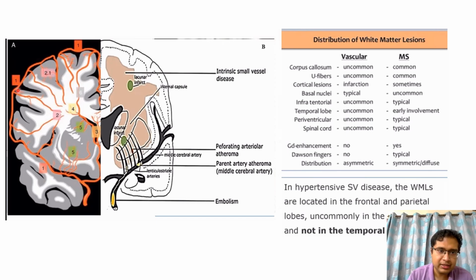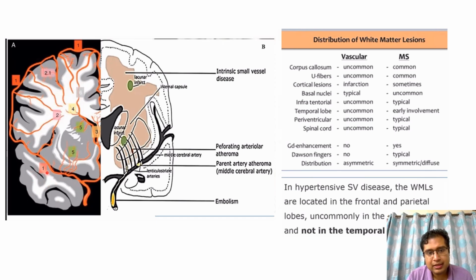brain, we can see that these vessels have to go a long distance to supply the white matter, and these vessels can actually get involved in case of atherosclerosis and lead to ischemic changes in the white matter of the cerebrum. But the vessels that are in the temporal region, that is the temporal lobe, they have to travel less as compared to the vessels in the parietal lobe, in the frontal lobe.